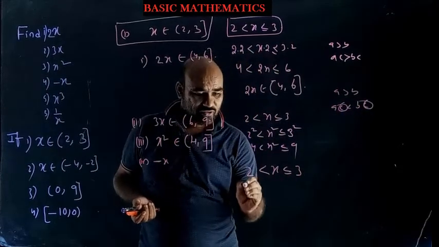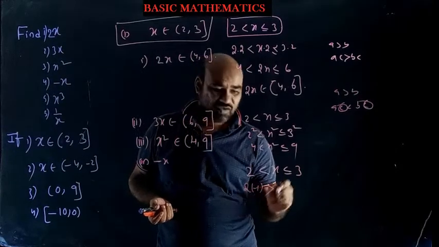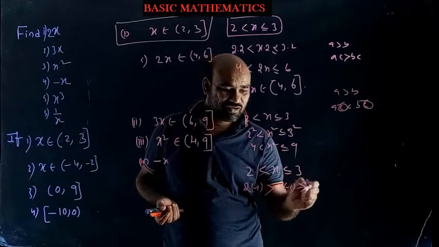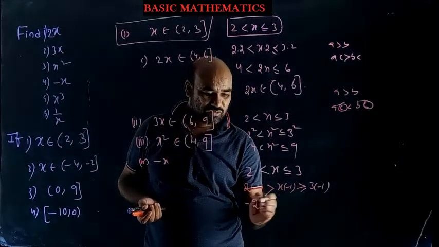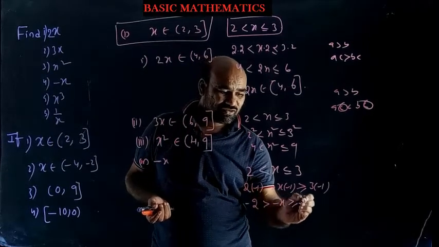If A is greater than B, then AC is less than BC if C is negative. That's why 2 into minus 1, less becomes greater. x into minus 1, less than or equal to becomes greater than or equal to 3 into minus 1. So I can write minus 2 greater than minus x greater than or equal to minus 3.